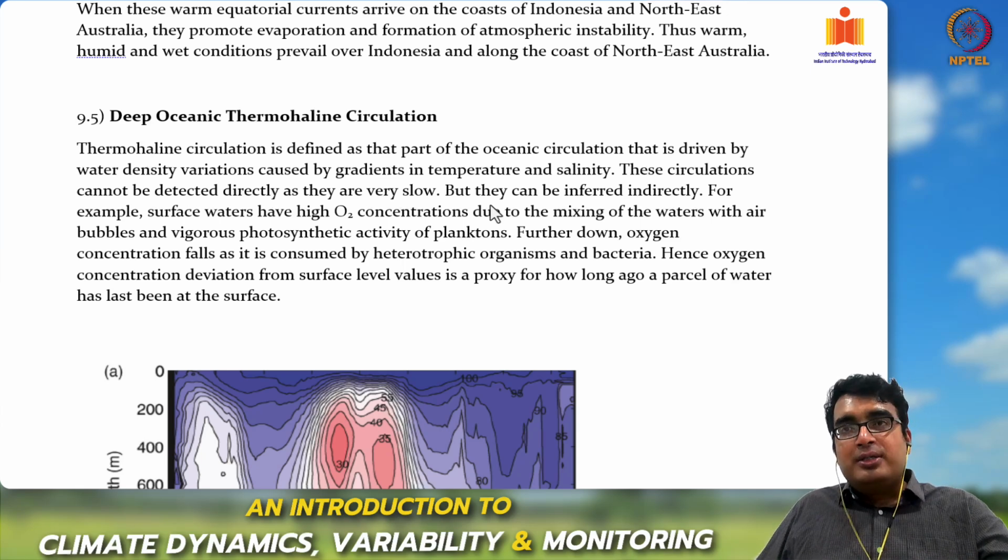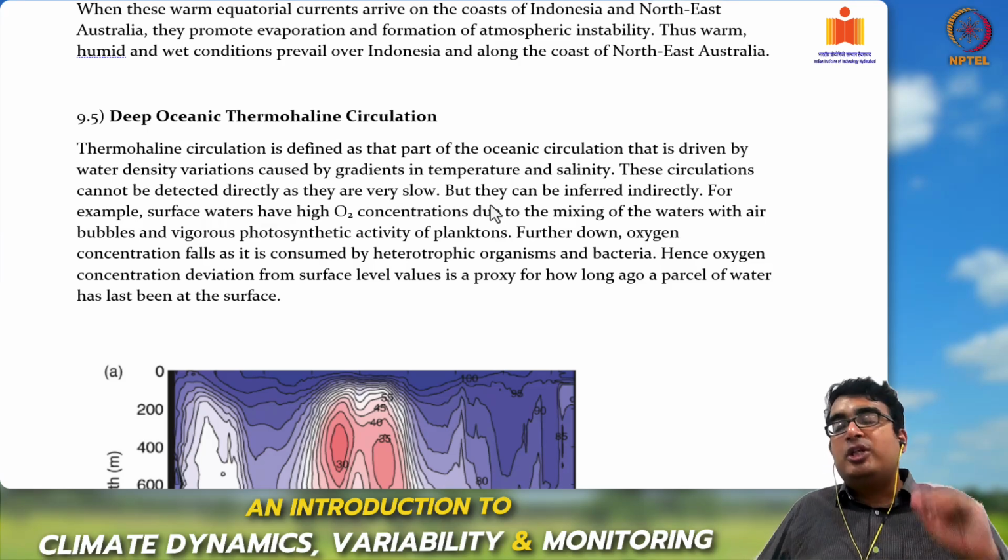As these waters sink down, the photosynthetic activity is gone, because beyond the mixed layer there is no sunlight, so no autotrophs can exist. However, this oxygen is still being consumed by all the heterotrophic microorganisms, organisms that are breathing in oxygen but not generating oxygen through photosynthesis.